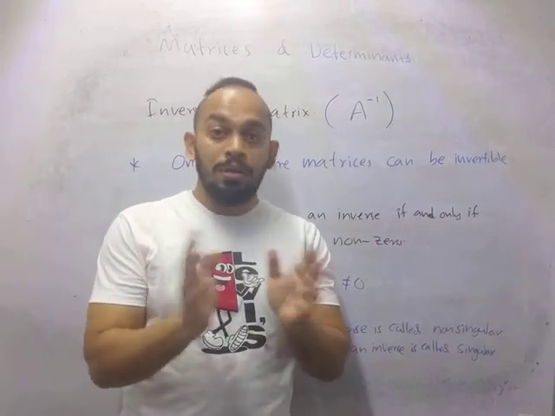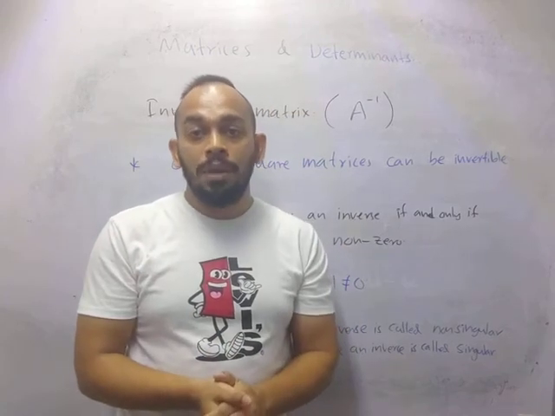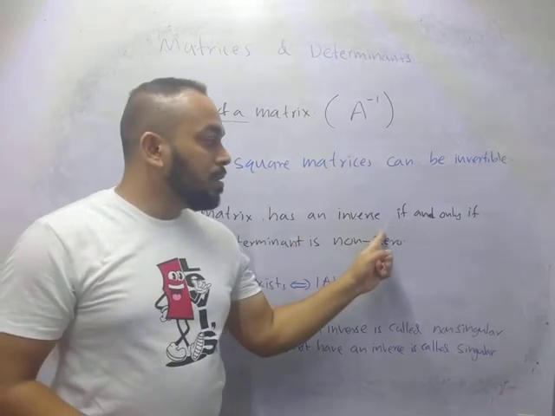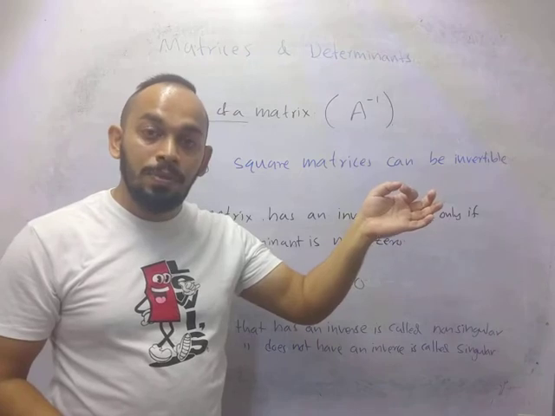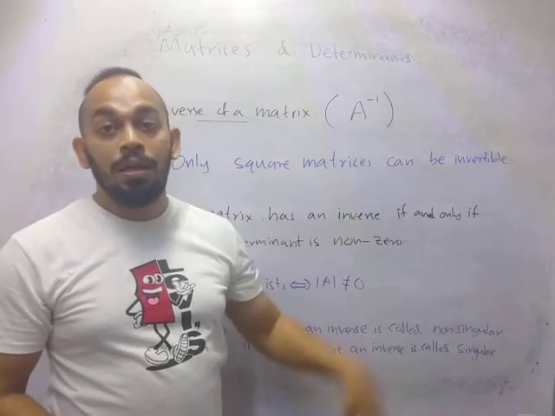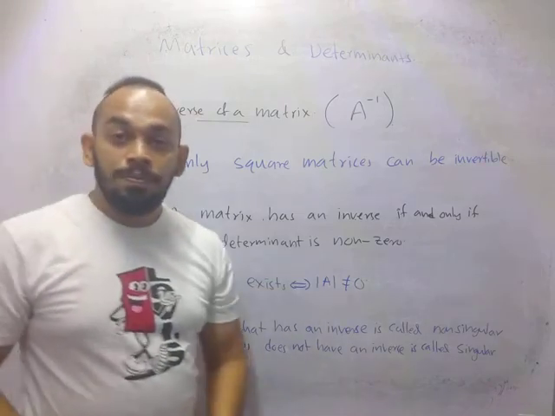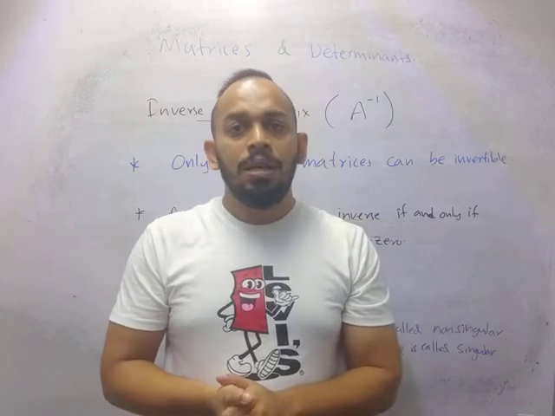There's a chance that you will find an inverse of a matrix, or may not. A matrix has an inverse if and only if its determinant is non-zero, since you divide by the determinant of A.